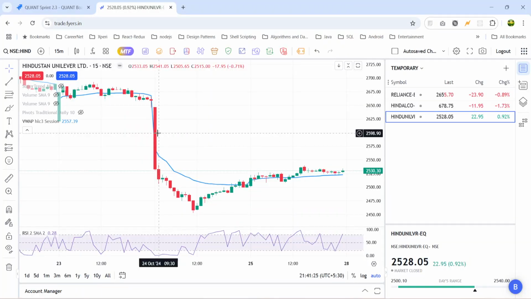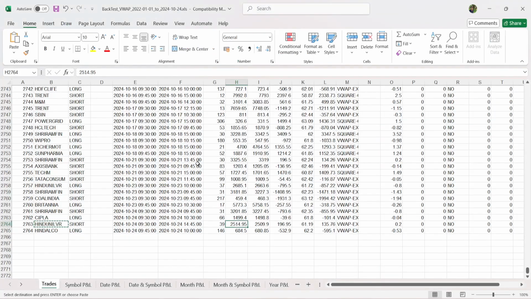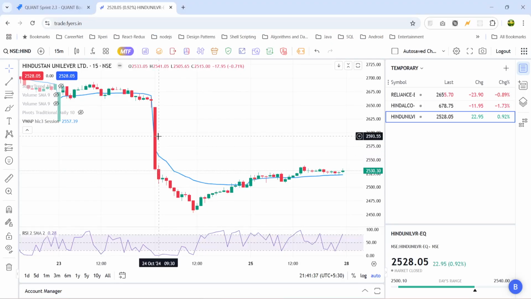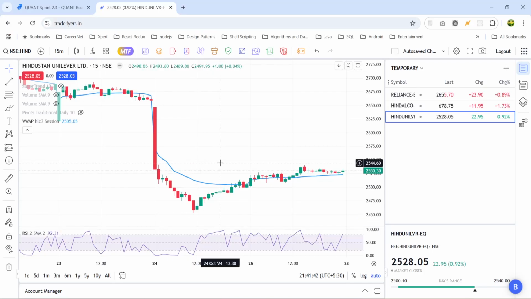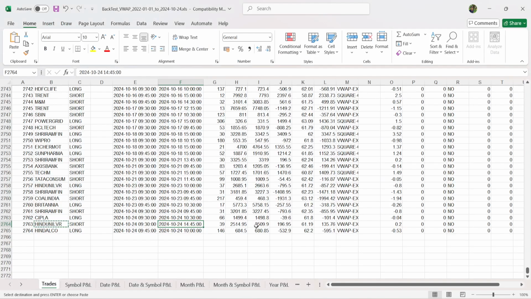Here the closing shows 2515, but of course I fetched the data from Zerodha, that's why there's a little bit of variation. That's fine. So we entered the trade here, and we exited at 14:45. That means 3 o'clock, correct? This candle actually closed above the Vwap line at a closing price of 2509.9. So this trade resulted in some profit.